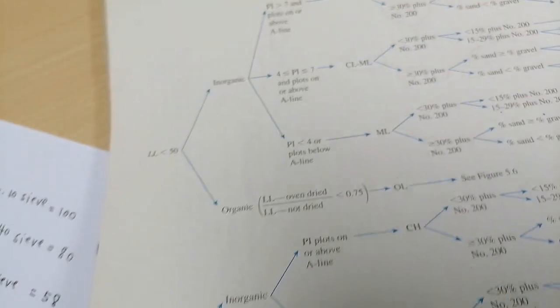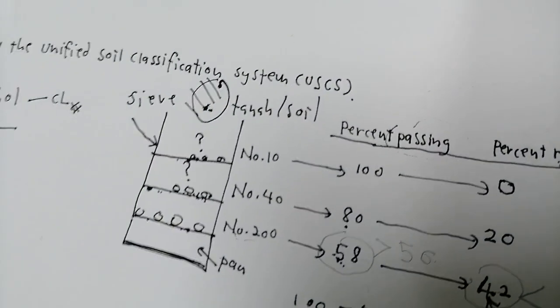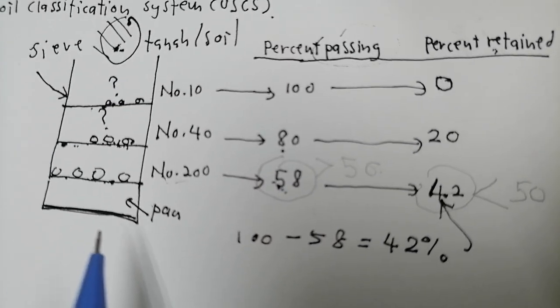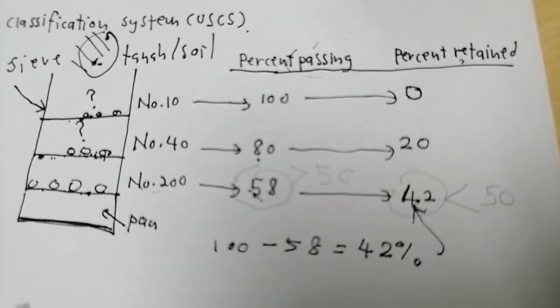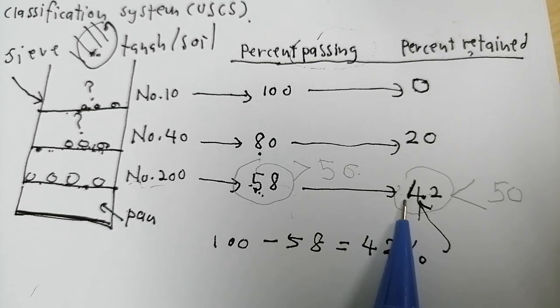So we go back to our sketch here just now. I'm sorry. So if we go back here, percent retained on number 200 sieve is 42%, isn't it?